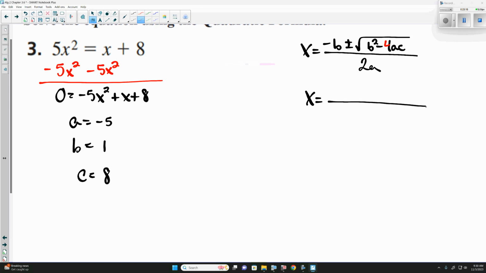X is equal to negative b plus or minus the square root of b squared minus 4ac all over 2a. So negative b, that'd be negative 1 plus or minus the square root of 1 squared minus 4 times a times c all over 2a.